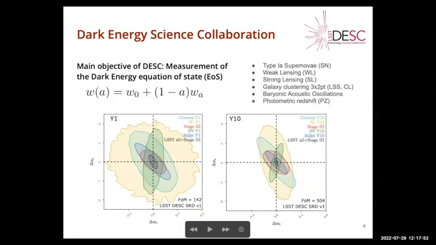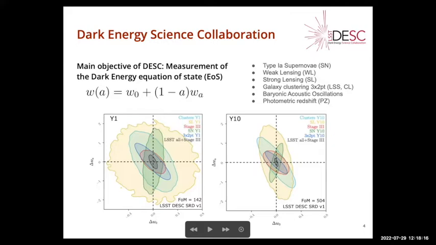The Dark Energy Science Collaboration is aiming to really use this data for cosmology. Here I'm showing you what could be the summary of the objectives of the Dark Energy Science Collaboration, or DESC, which is to measure the dark energy equation of state and its dependence on the universe's redshift. There are two parameters, w0 and wa.